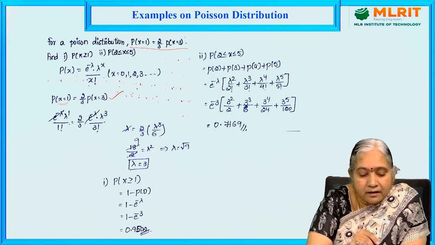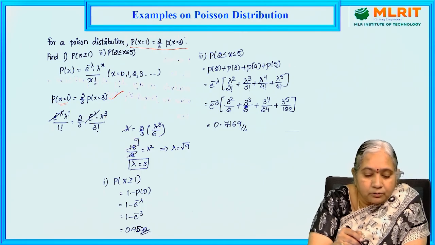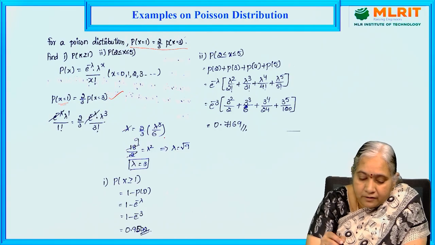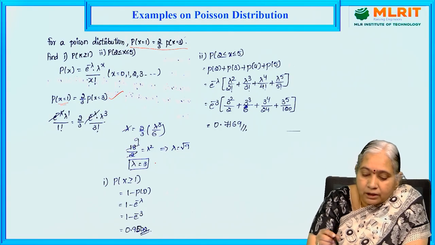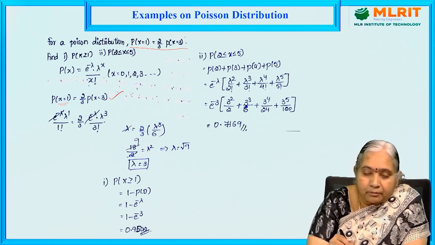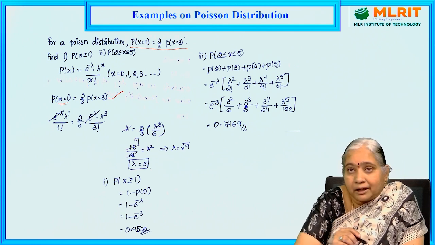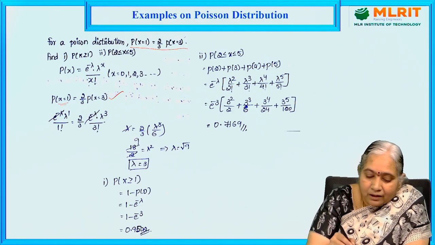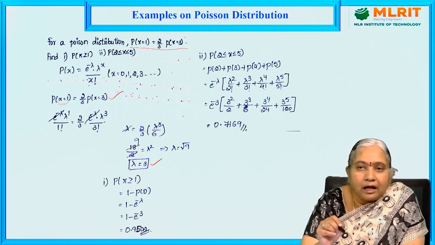Both sides cancel e power minus lambda, then do the cross multiplication. If we solve this equation, we get lambda square equal to 9, lambda equal to root 9, lambda equal to 3. And moreover, lambda is always positive value. So we take the positive value, lambda equal to 3.